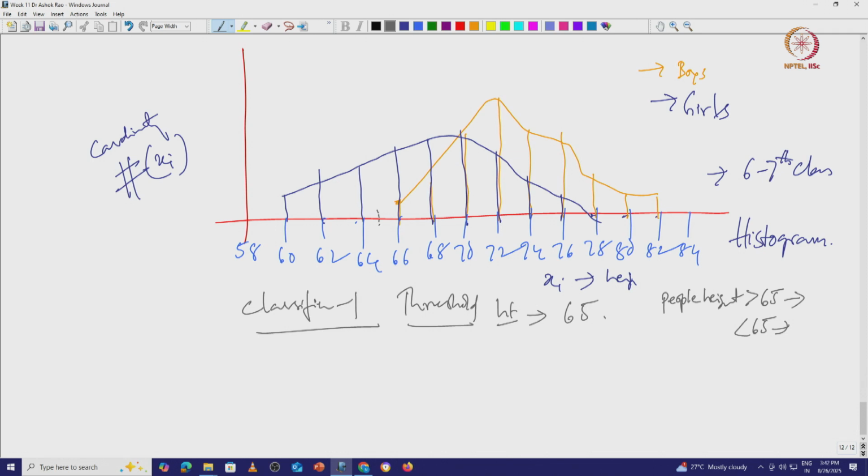What answer do I get? All people of height greater than 65 centimeters, this orange thing, are boys, which means all less than 65 are girls.